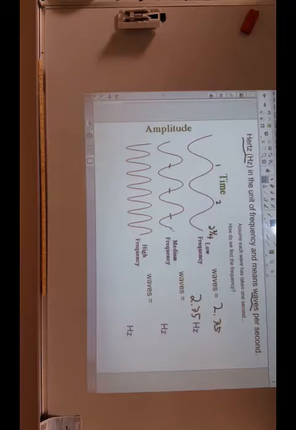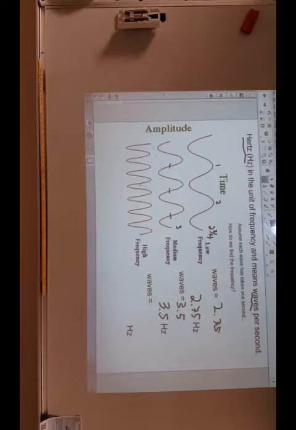So 3.5. I'll just write it over here. There's 3.5 waves here. That would give this 3.5 hertz.